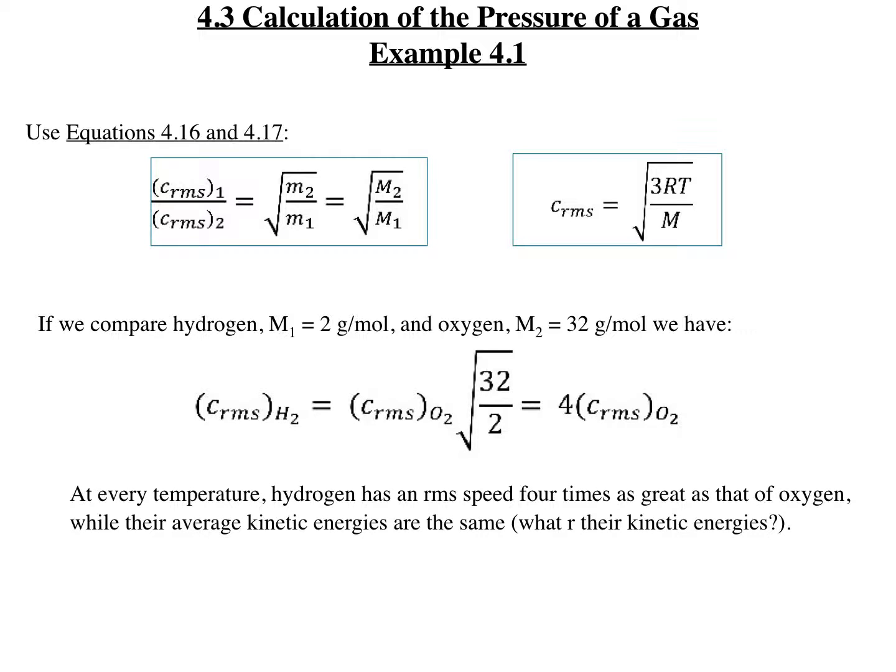But the average kinetic energy of the two molecules is the same. And that's the interesting part as well. So I would like you to figure this out. What are the kinetic energies of the O2 and H2 molecules? Are they really equal?